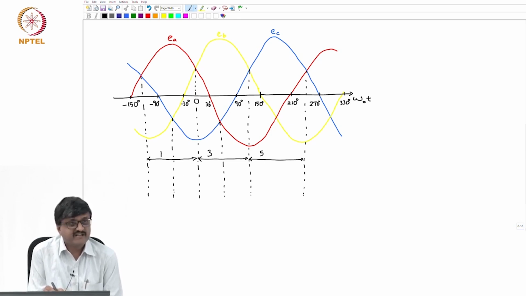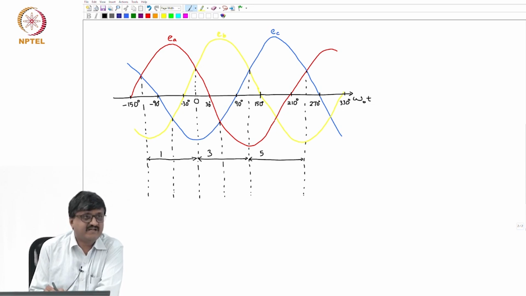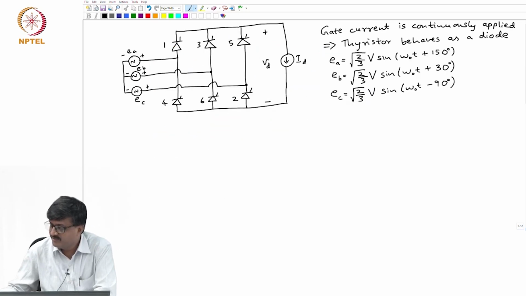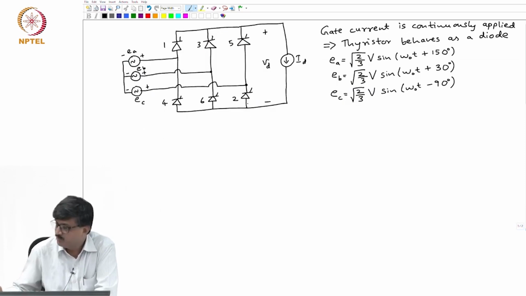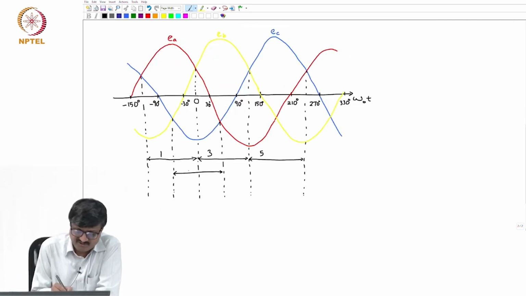There is one thyristor valve which is at the least cathode potential. Which one is that? From here to here. Please go to the circuit. Which one among these? 2. So, it is 2.